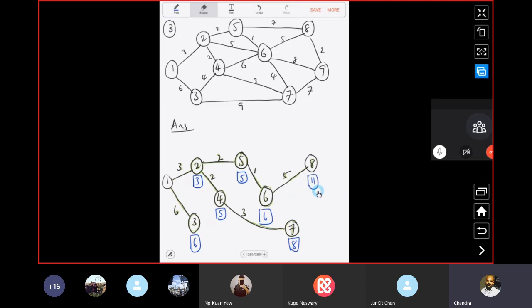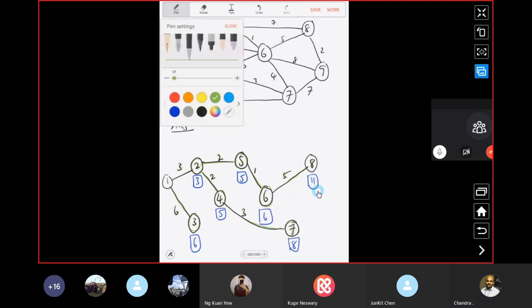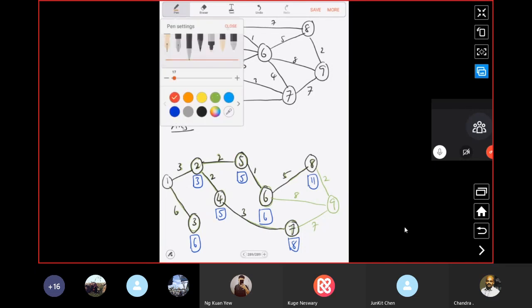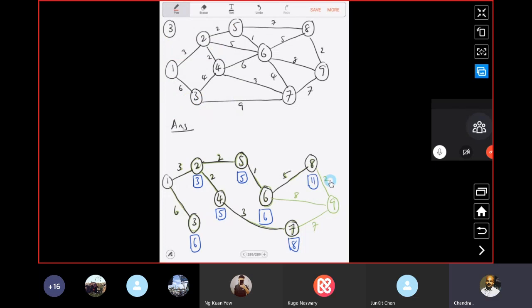And the final one would be 9. How is 9 connected? Through 8, through 6, through 7. This is 2, 8, 7. 11 plus 2 is 13. 6 plus 4 is 8. 6 plus 8 is 14. 8 plus 7 is 15.